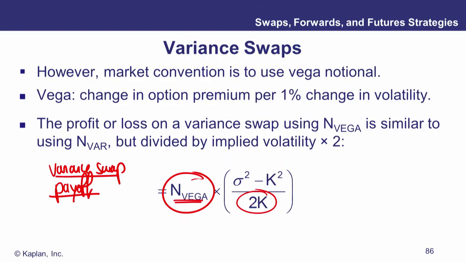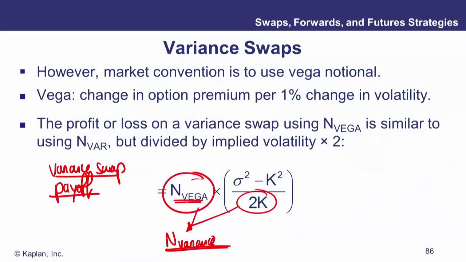Okay, so this stuff in the red circles here is really just playing the role of variance notional from before. The point is that a unit change in volatility has a very big impact, has 2K times the impact of a unit change in variance. So if we start from that impact of change in volatility, your Vega notional, and you want to get back to your variance notional, you need to divide through by that 2K. All right, this is all the same from before, all right? But this is your variance swap payoff if you start from a Vega notional.